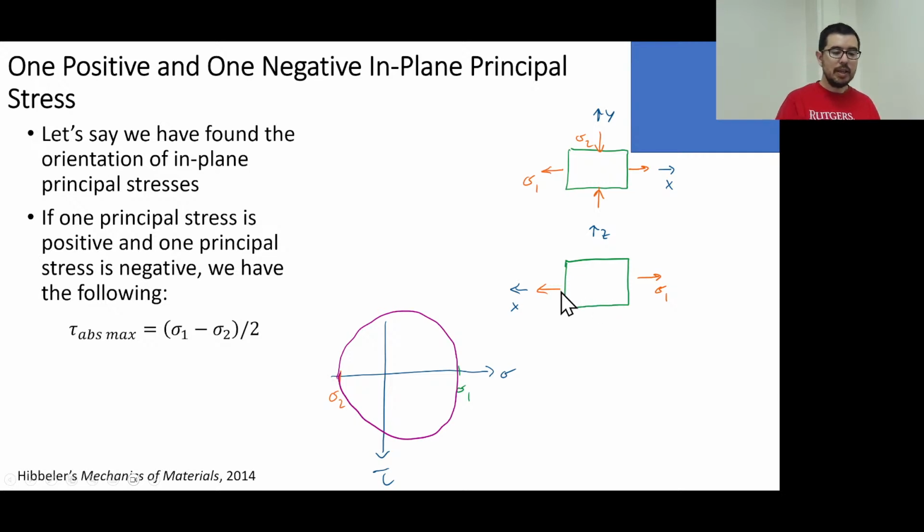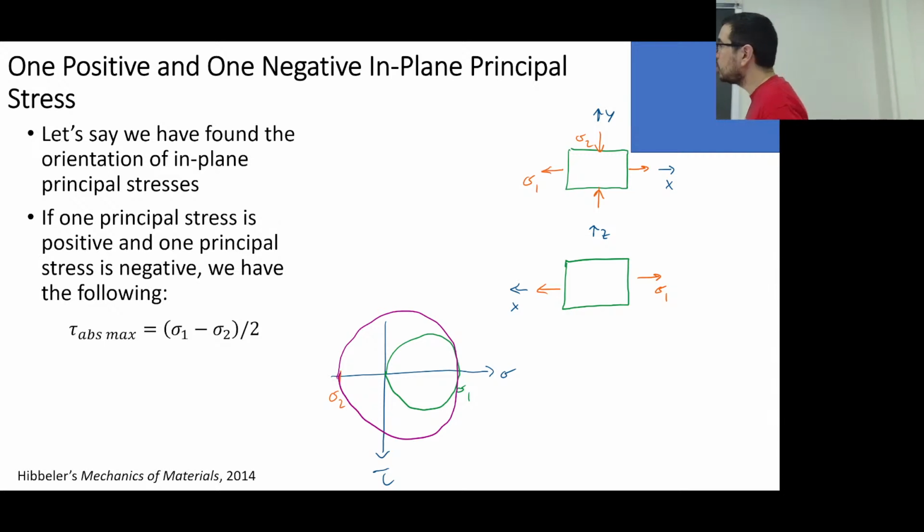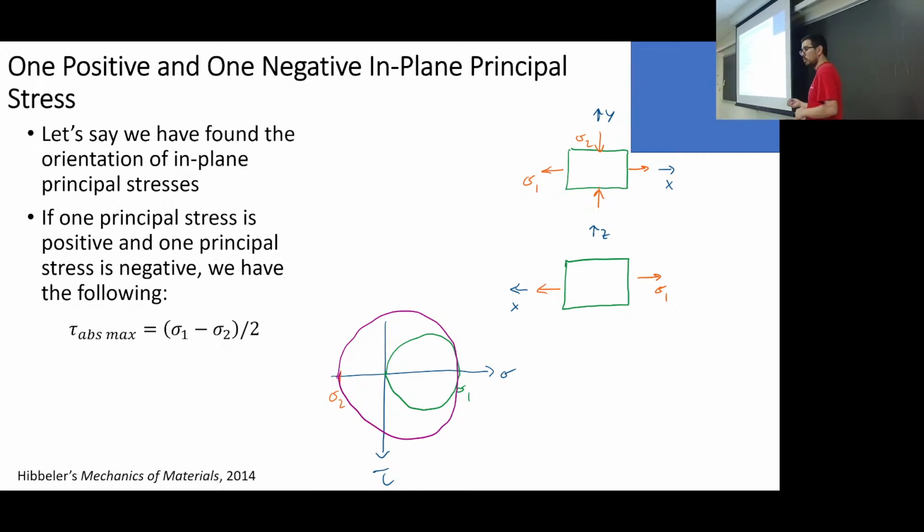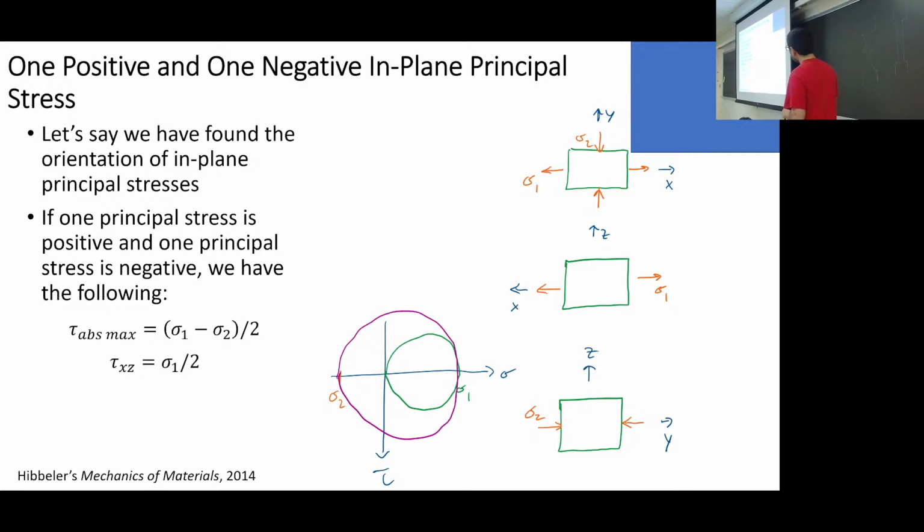But anyway, we can get rid of the sigma 2. And when we do that, now we have two stresses. We have a 0, so like the sigma 3, and we have the sigma 1. And you can also imagine another state of rotation where we only see a sigma 2 and we only see 0 like this.